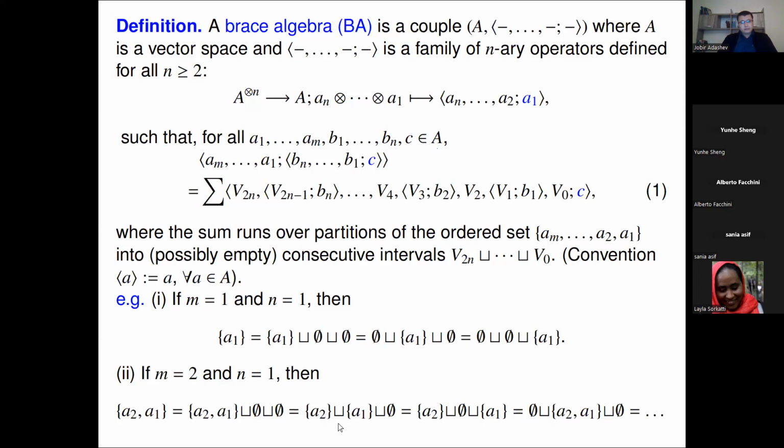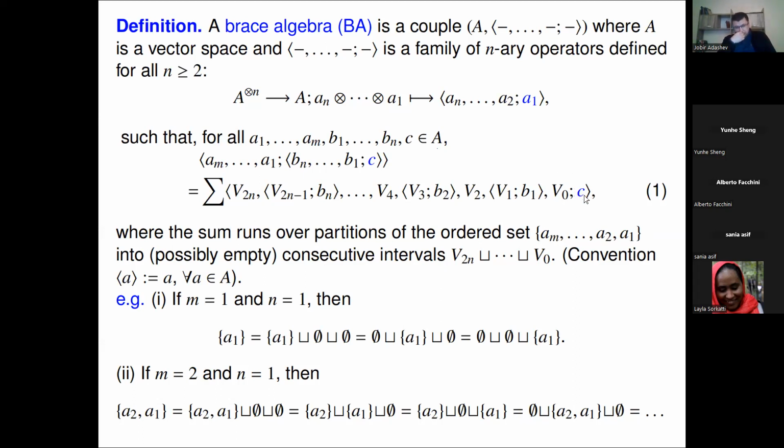And we can put one element at the beginning, one in the middle, and so on. So we have many ways to partition this set. Here, the compatibility condition says that for any such partition, we can form a bigger bracket like this.